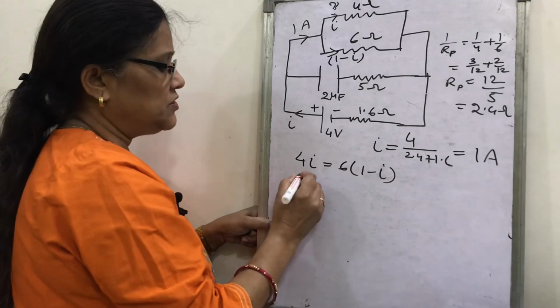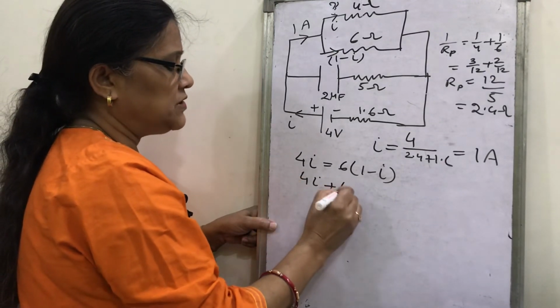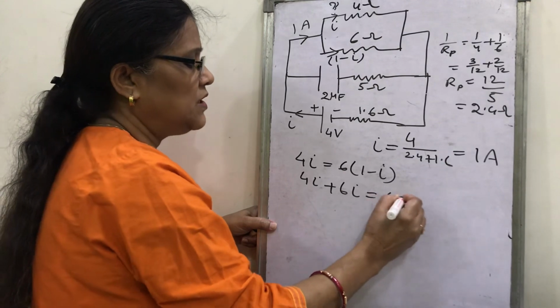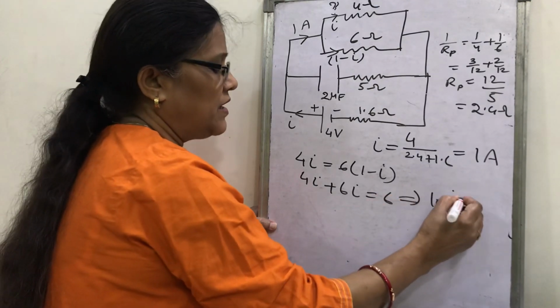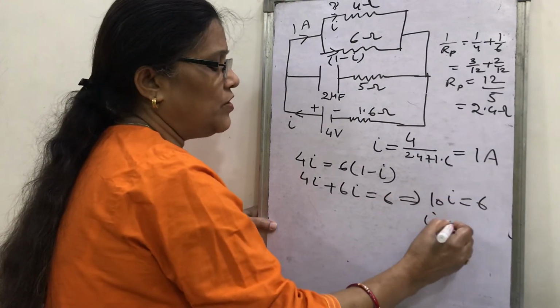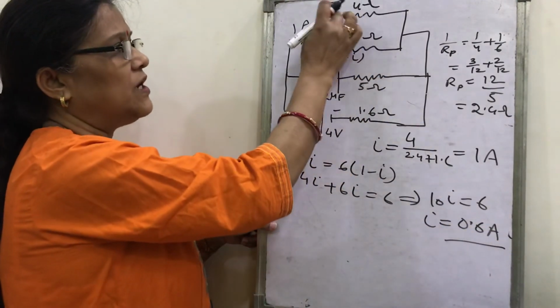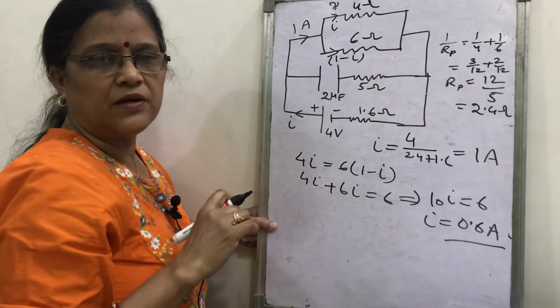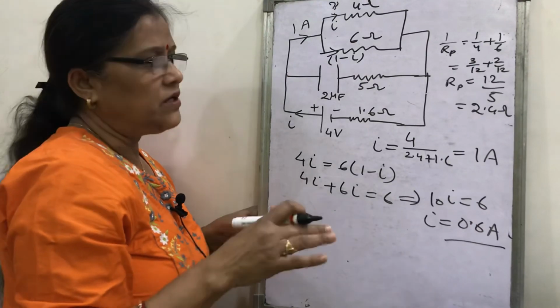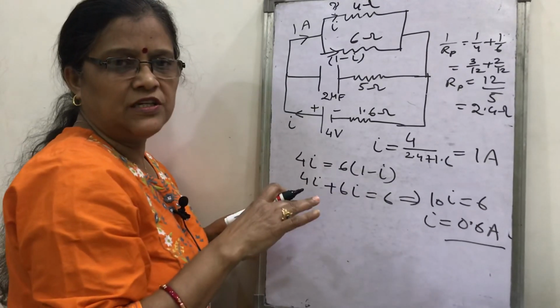So you will get 4I plus 6I equal to 6. This implies that 10I equal to 6 or I will be 0.6 ampere, and this is asked that how much current will flow through 4 ohm. Now I hope that you must have understood these two questions. Thank you.